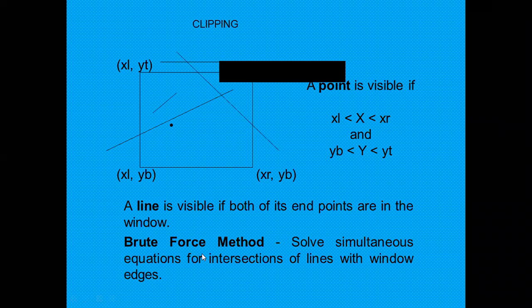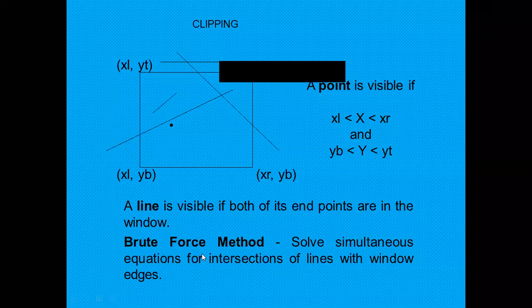Now as we are going to testify which portion is lying inside the window and which portion we are going to reject trivially, then how we will clip that portion, for that we will use the brute force method.